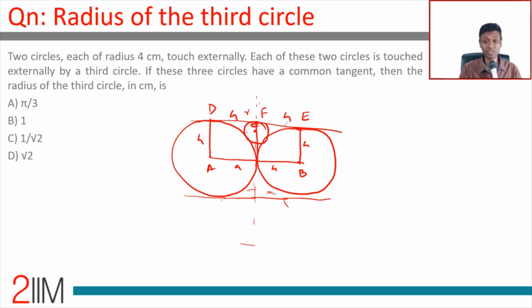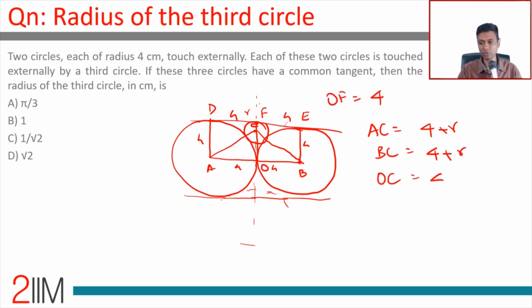We know radius of this circle is R. These two circles touch each other externally. These two touch each other externally. We know AC equals 4 plus R. BC equals 4 plus R. Let's say this point is O. OF is 4.